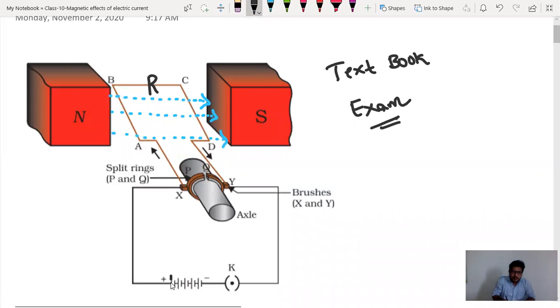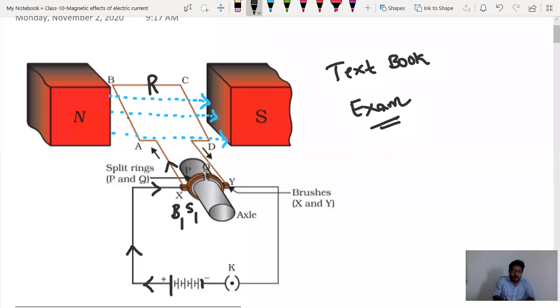If you pass current through the circuit, what will happen? Okay, let us see. There is positive here, negative is here. Consider current is passing in this direction and it is moving up and going here, entering through brush 1 and split ring 1, B1 S1, and current is going in this direction to the rectangular coil.